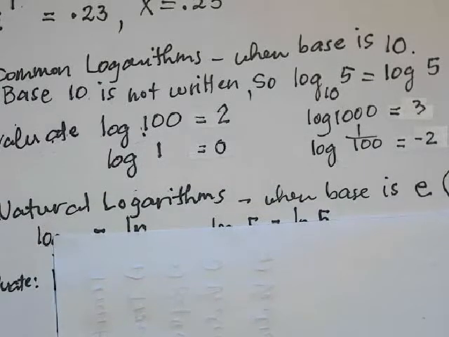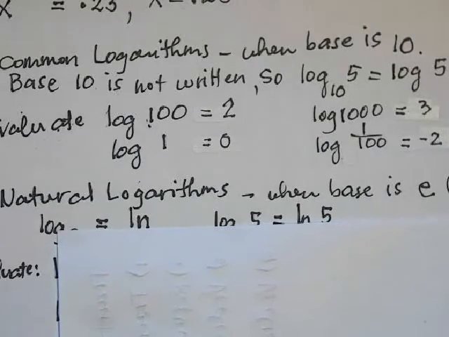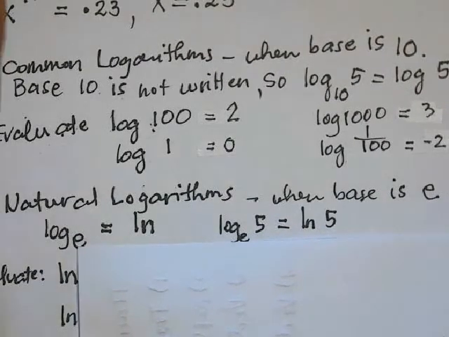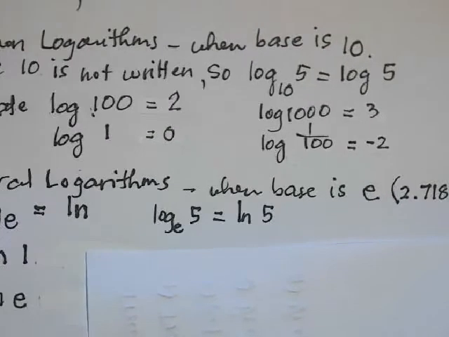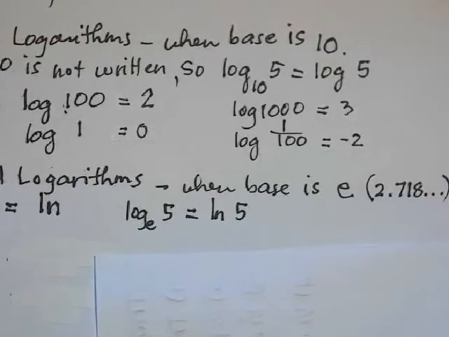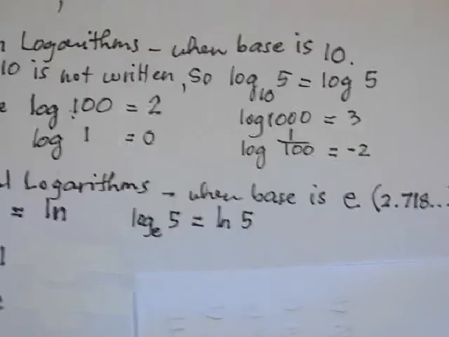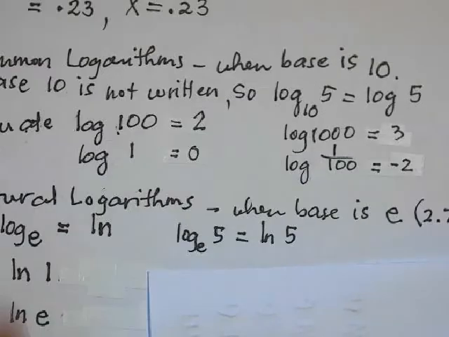The other one is the natural logarithm. You're going to see a lot of this in calculus, when the base is the number e. You remember we studied, e is a number equal to 2.718 without end. That's a special number in math, e. So when the base is e, that's also a special type.